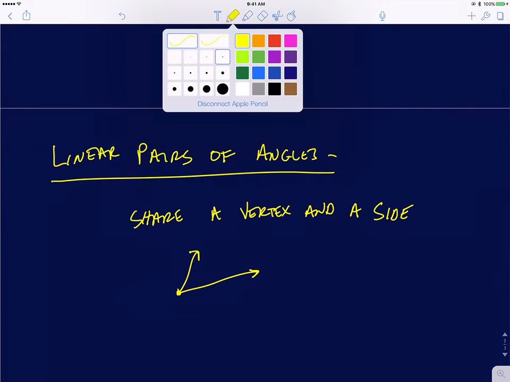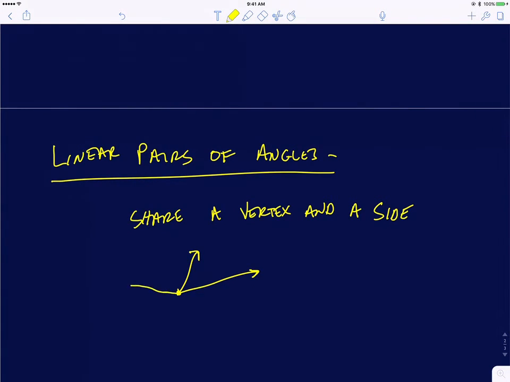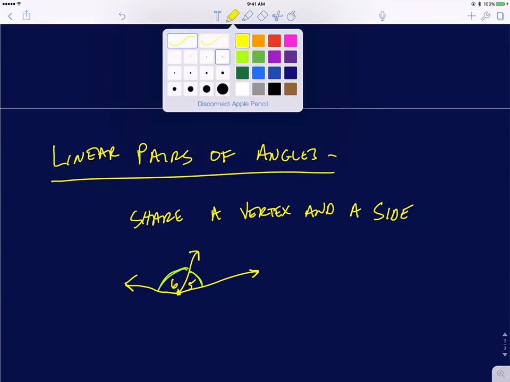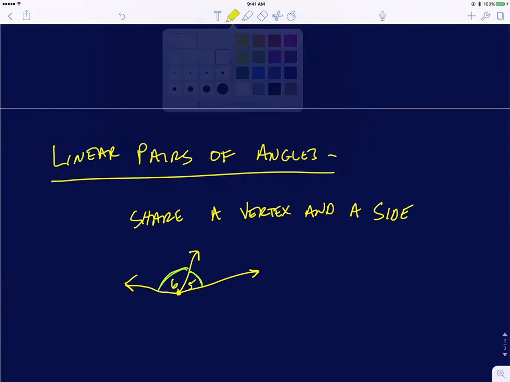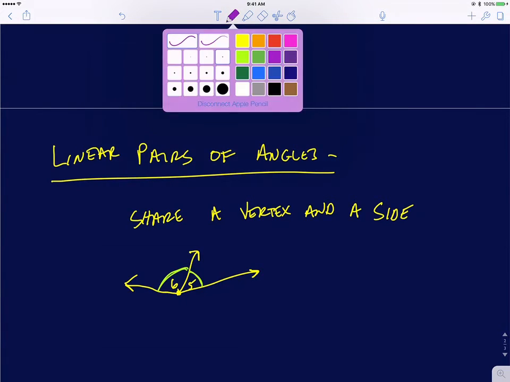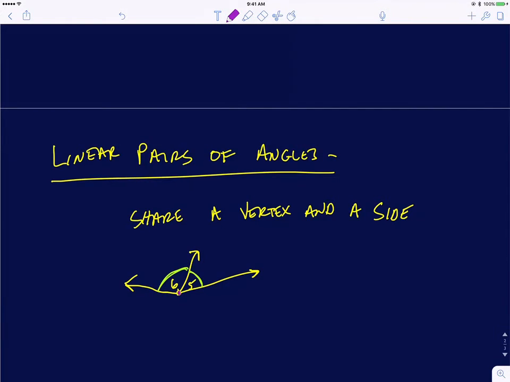So if I look at this yellow angle, I'll just draw it this way. These two angles here, 5 and 6, are not a linear pair, but so far they fit the definition. They share a vertex. That's the vertex of both 5 and 6, and this side is the side for angle 5, and it's also the side for angle 6.